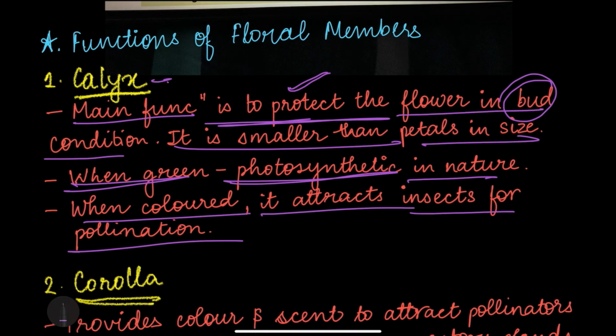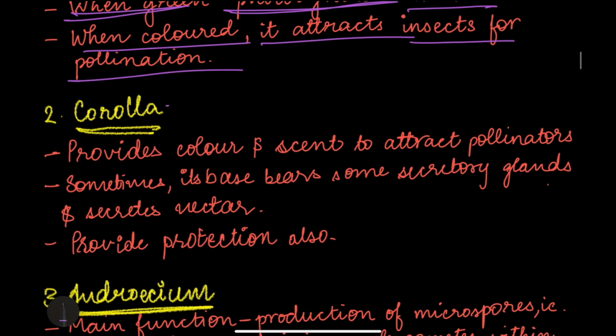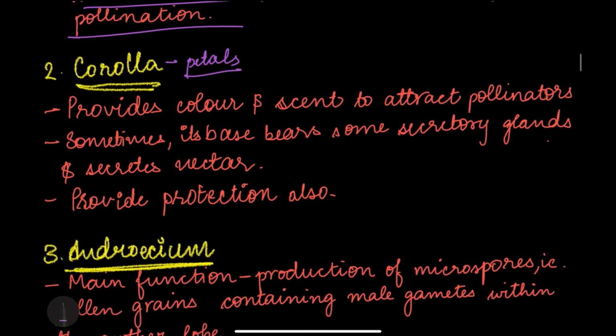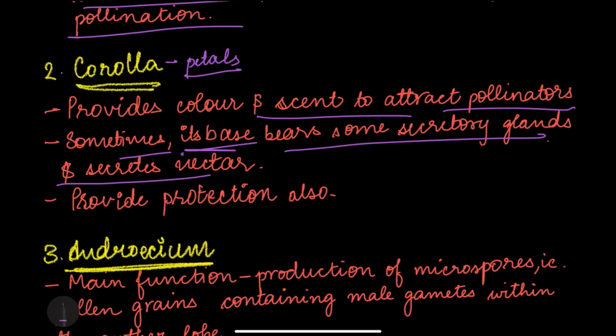I'll write here that calyx includes the sepals so that there is no confusion, and corolla includes the petals. Corolla provides color and scent to attract pollinators. Sometimes its base bears some secretory glands and secretes nectar to provide smell to the flower.